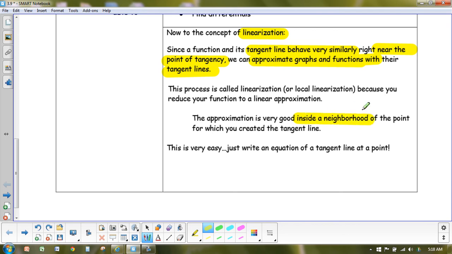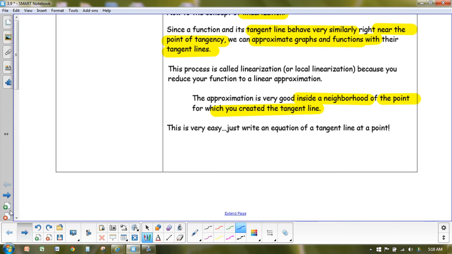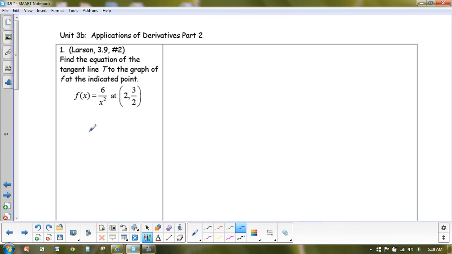So first example, they give you a function, they give you a point, and they want a tangent line t to the graph at this given point. So if we start with our function, knowing for tangent lines you need slope and a point, I'm going to rewrite f of x as 6x to the minus 2, so that then I can get f prime of x as negative 12x to the minus 3 without using quotient rule or anything. So negative 12 over x to the third.